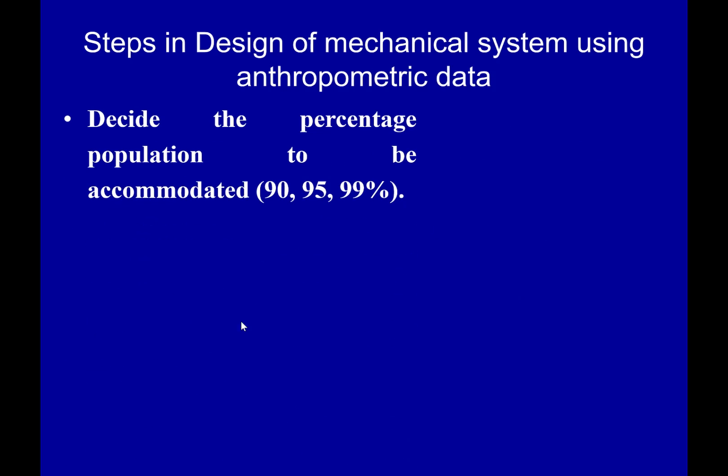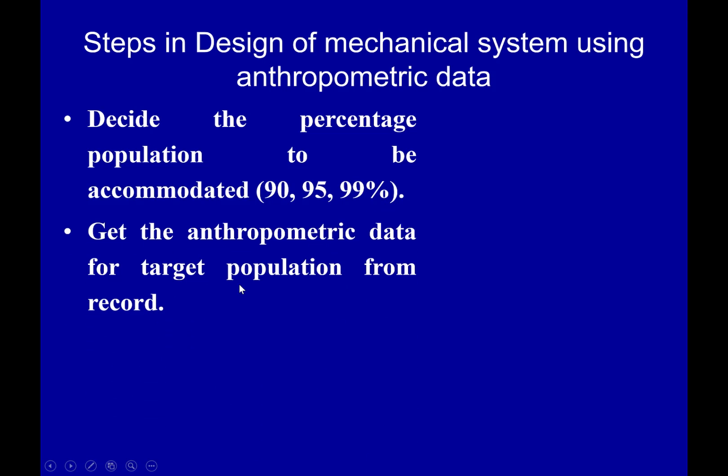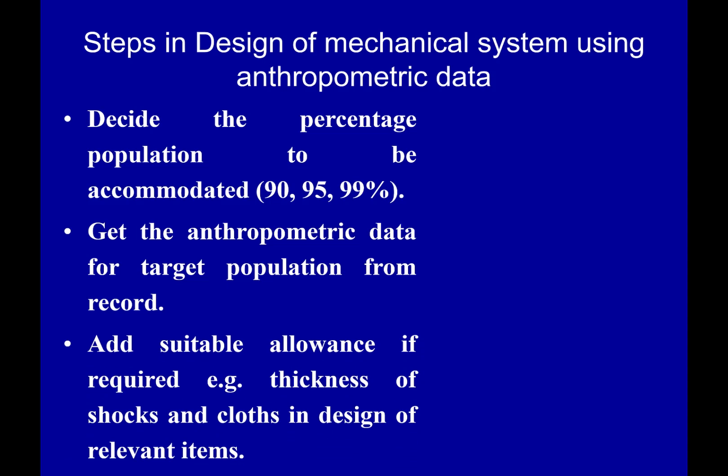Decide the percentage of the population to be covered in the design, 90, 95 or 99%. Get the anthropometric data of the target population from the record for the different percentages of the people to be covered. This data I will show you in the next slide. And add the suitable allowances if required, like thickness of the socks and clothes in design of the relevant item.